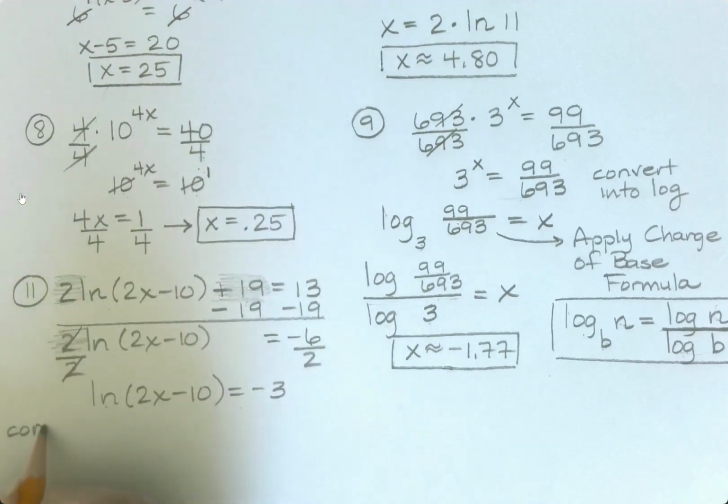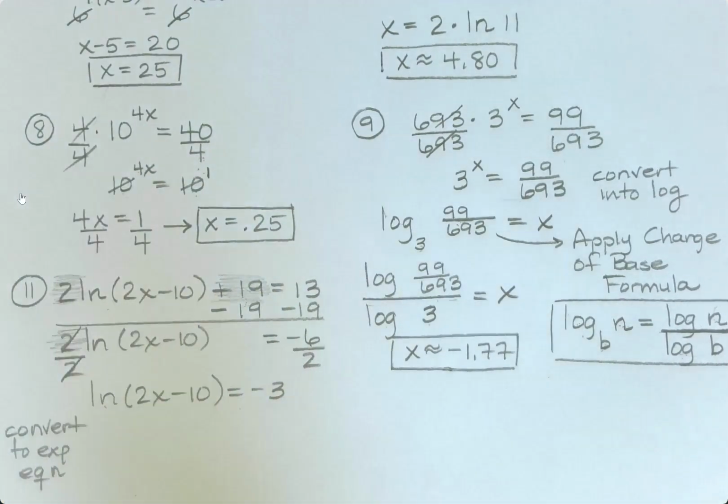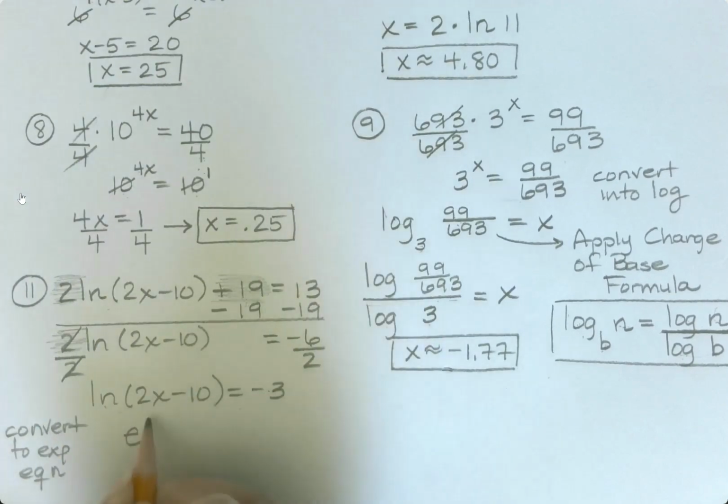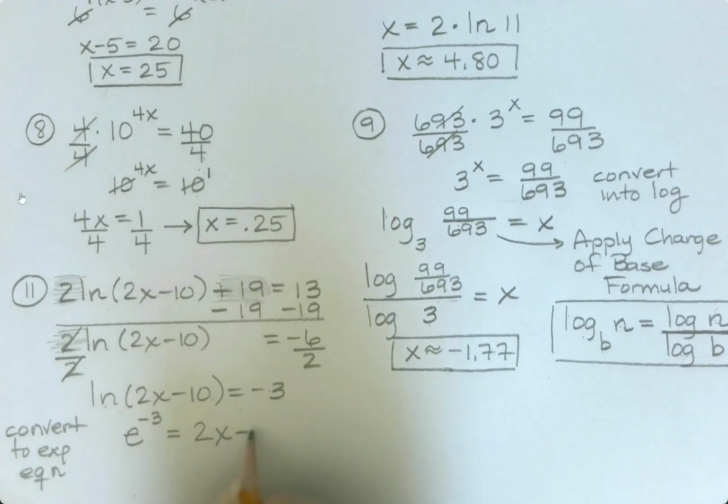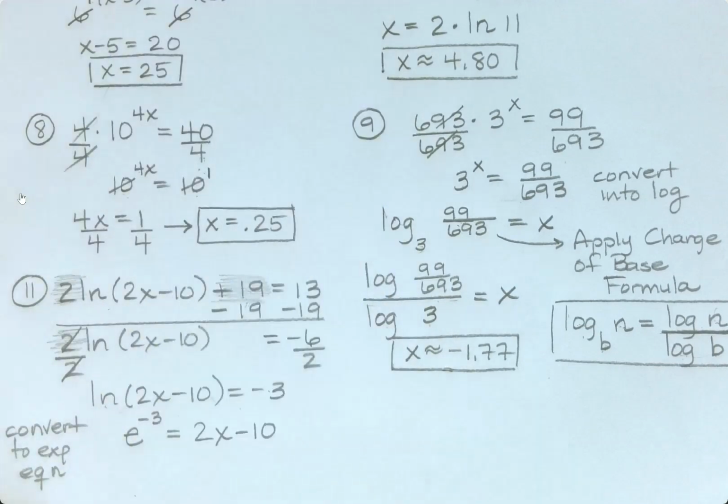So let's convert to an exponential equation. All along you've been doing converting from exponential to log. Now here's log to exponential. So my invisible e is my base. My base to the exponent is equal to this output value, 2x minus 10.